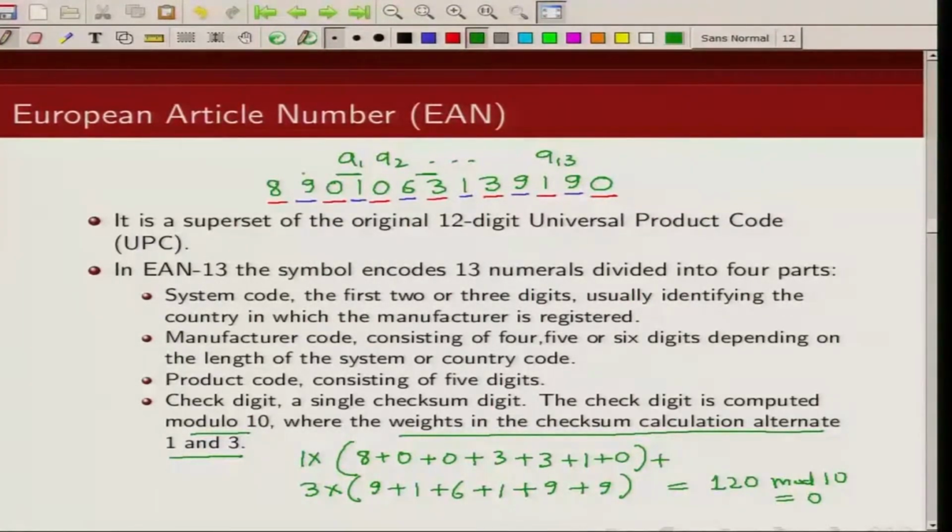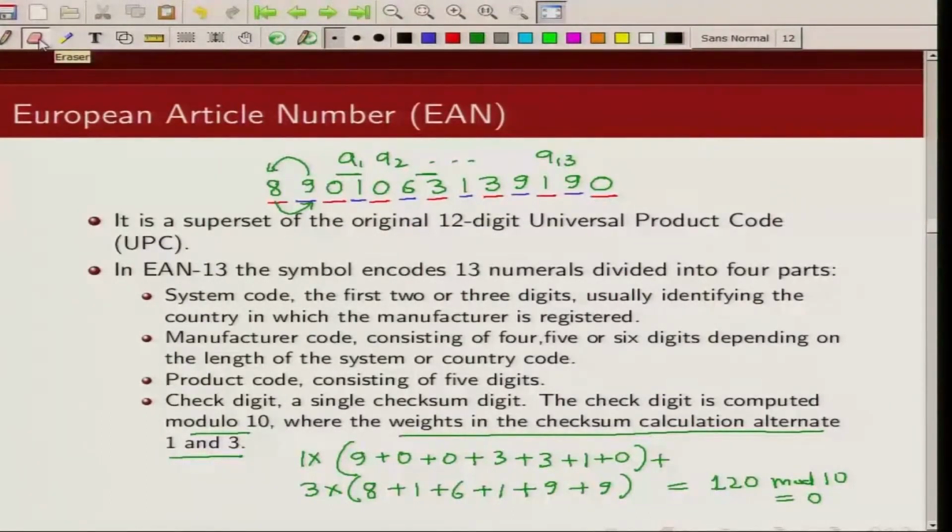For example, if these 2 bits had got exchanged, then what would have happened? This would have become 9 and this would have become an 8, so this sum would have changed.